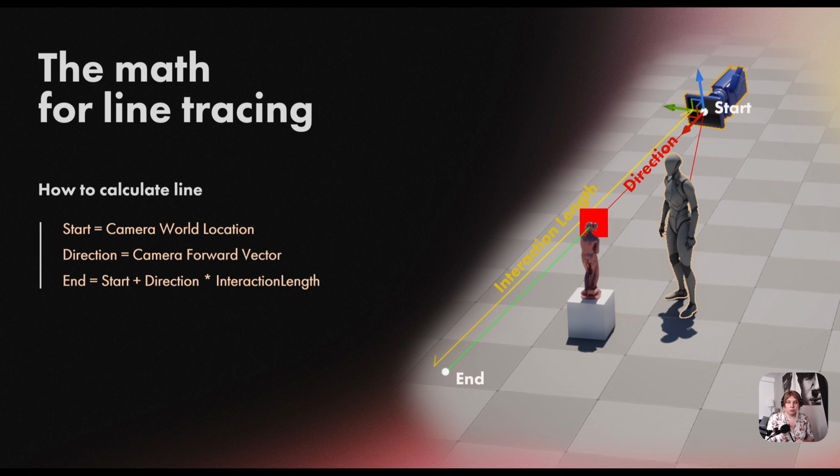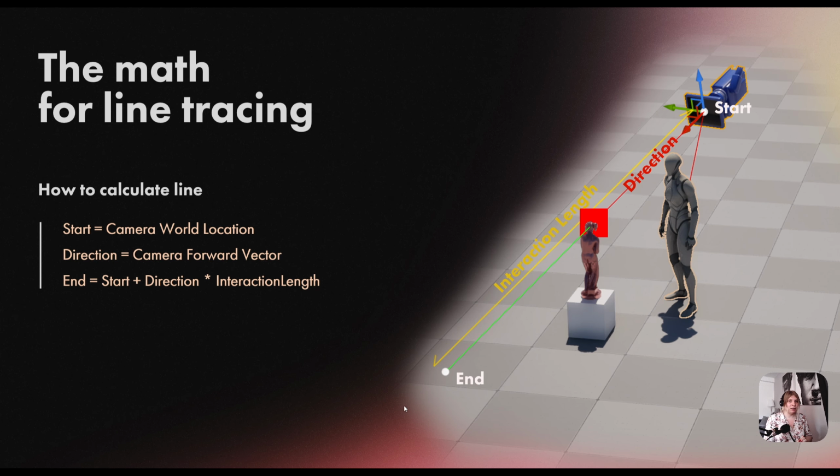The direction comes from the camera forward vector, which in Unreal Engine is the x-axis, colored with red color. And this vector tells us where the camera is looking, but it doesn't decide how far the trace should go. But distance does. It's a simple scalar value of ray length that we promoted in our blueprint.